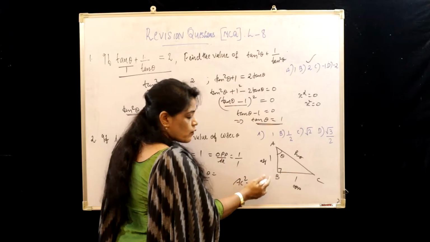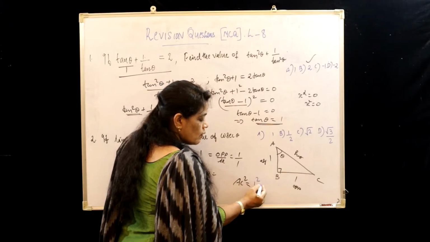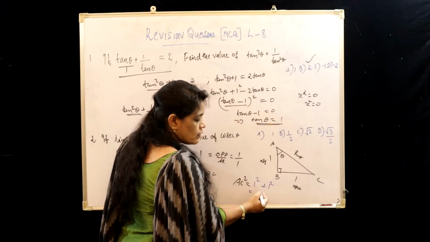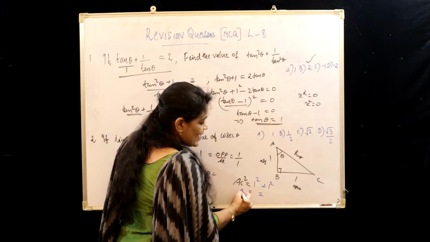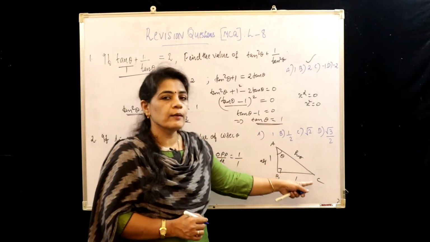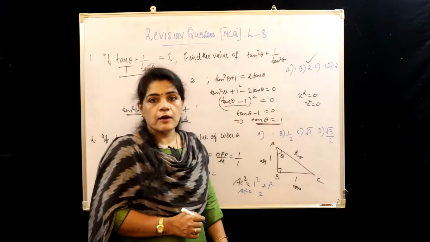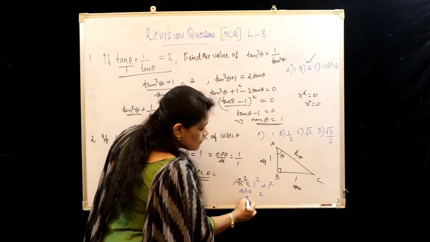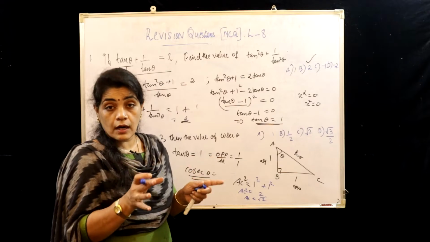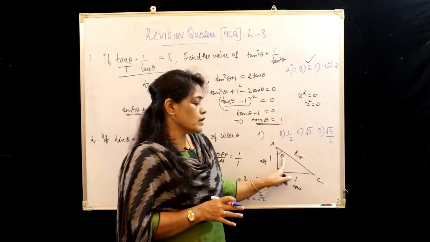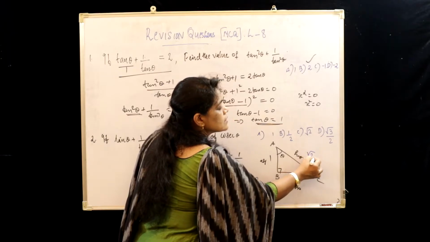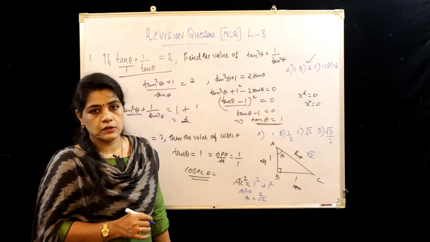AB is 1, so 1 square is 1, plus BC square also 1 square, that is 1 plus 1 equals 2. So AC square equals 2. That means the square of the hypotenuse is 2, but we need the hypotenuse only. So AC will be square root of 2. With respect to angle theta, AC is the hypotenuse. So root 2 is the value of the hypotenuse.